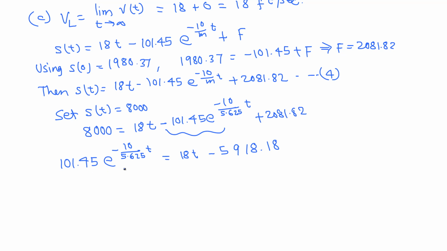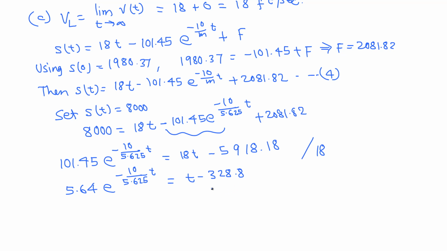This is an exponential equation on one side and a linear equation on the other. Let's divide by 18. Then this is 5.64 times e raised to negative 10 over 5.625 t equals, divided by 18, this is t minus 328.8.